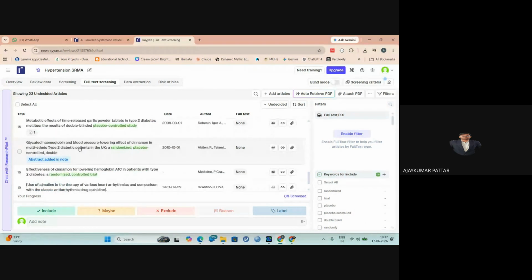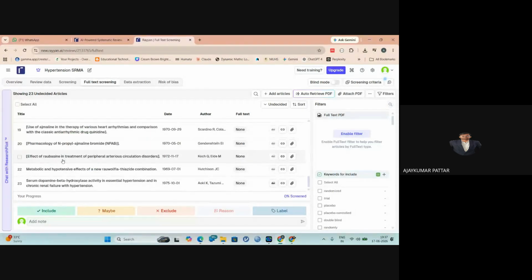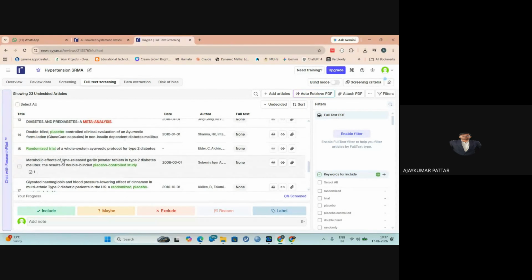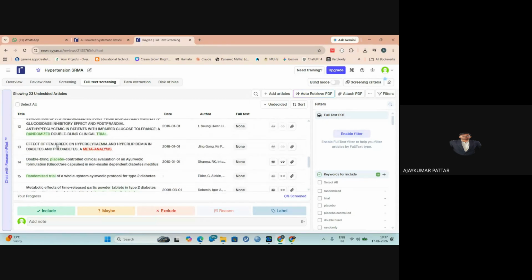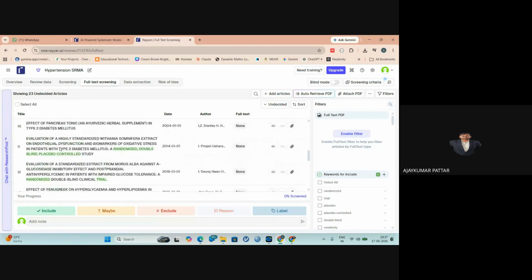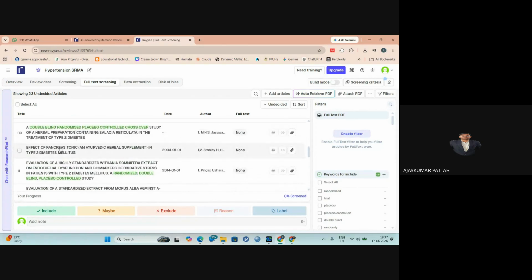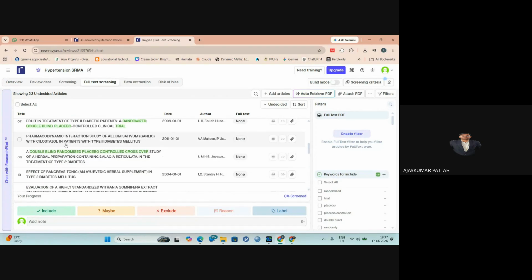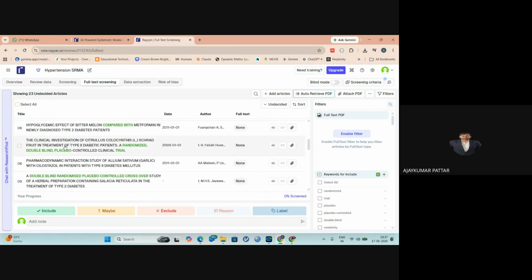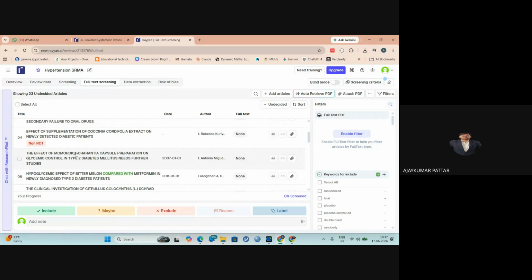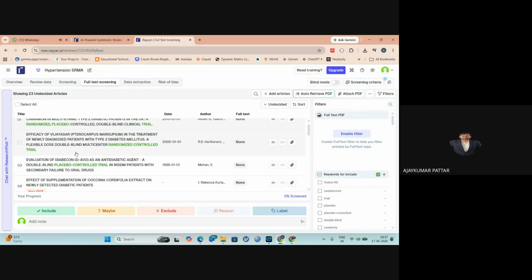Effect of, because of continuous screening, I am not able to capture the brightness of the screen immediately. Can anyone see where that particular study is?